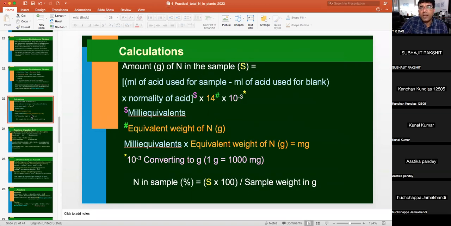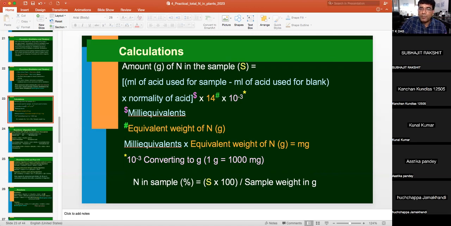Now you see the calculations. You have titrated the sample against 0.1 normal sulfuric acid, and you also have a blank. So, how many grams of nitrogen are there in the soil or plant sample? The formula is: ml of acid used for the sample, minus ml of acid used for the blank, multiplied by the normality of the acid.